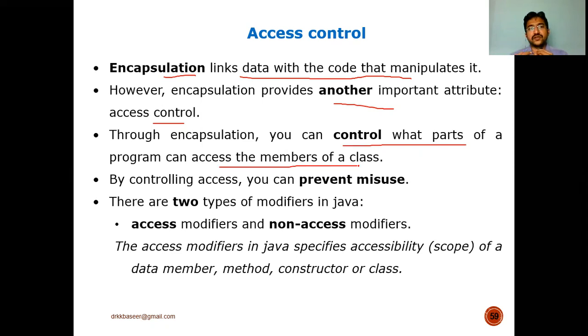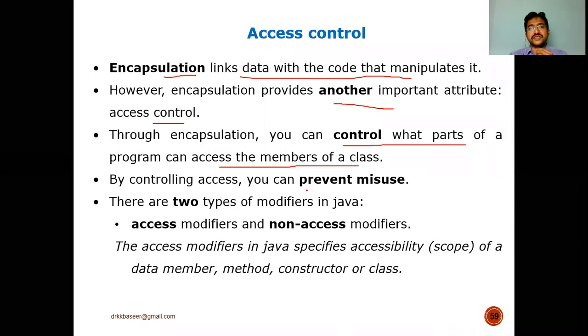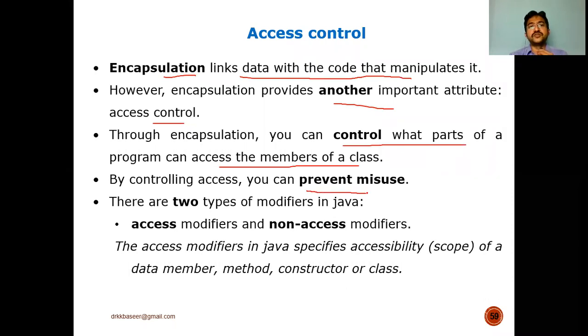The program may have methods, classes, nested classes, data members, and other things. Members means all these things: the data member, method name, constructor, nested classes all come under members of a class. To control that access, we use access control. The main advantage is that we can prevent misuse of the resources, and misuse of the parts of a particular class.